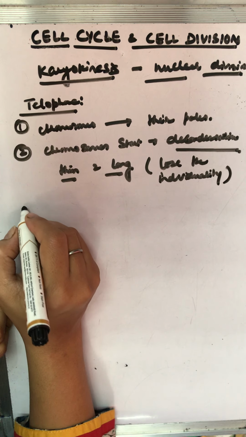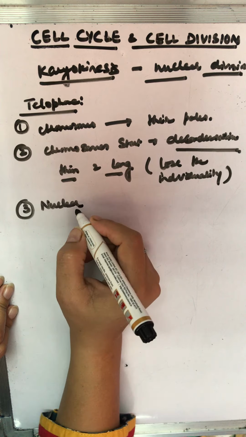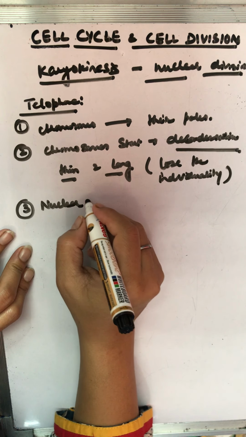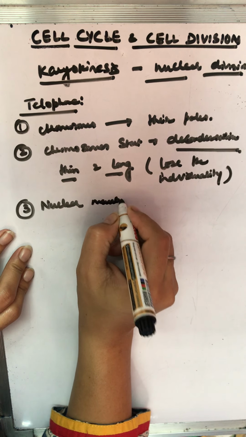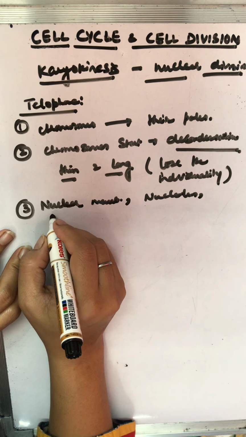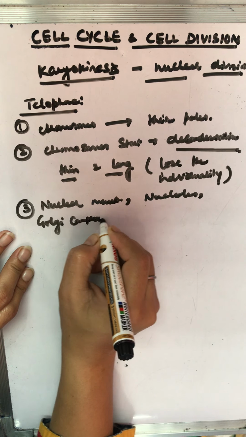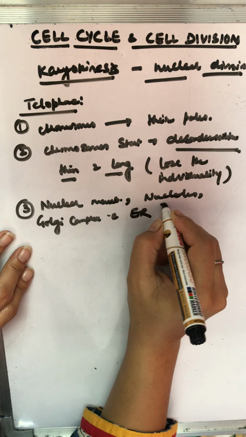Clear? Secondly, it is done. Thirdly, nuclear membrane. Remember which disappeared? Nuclear membrane, nucleolus, Golgi complex, and endoplasmic reticulum. What will they all do?